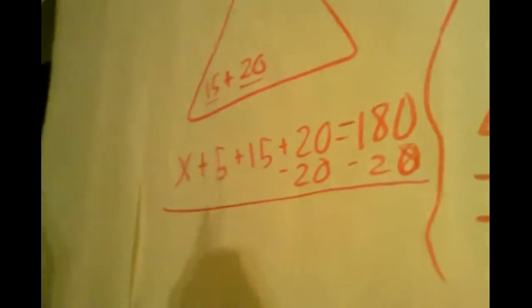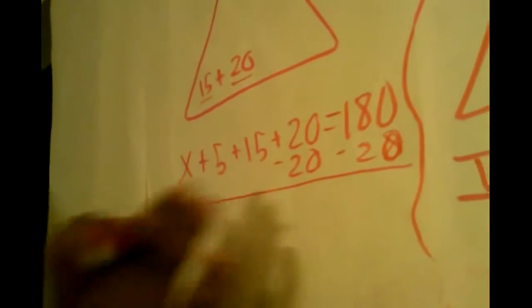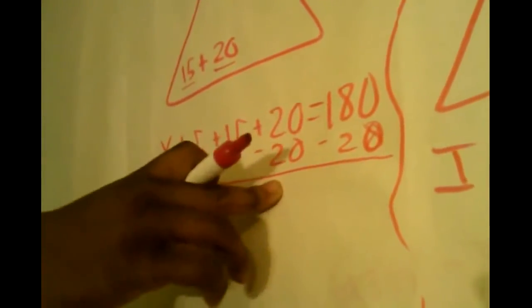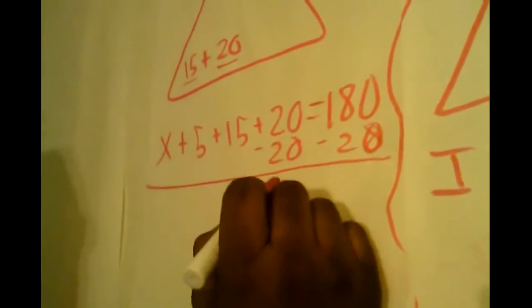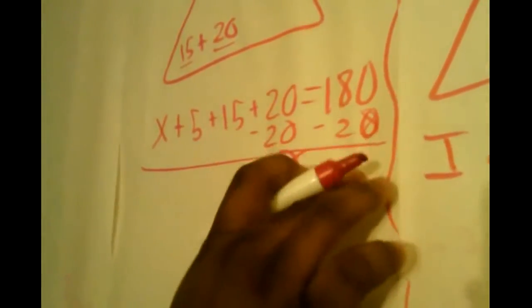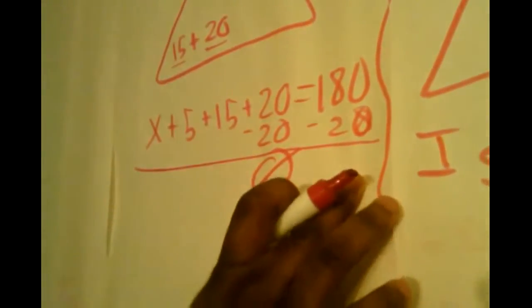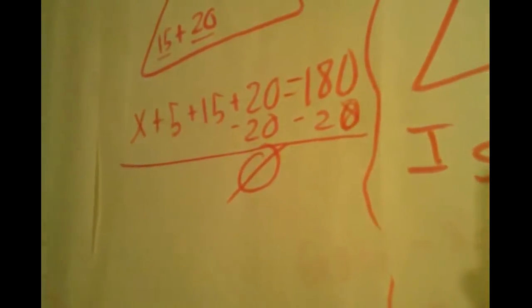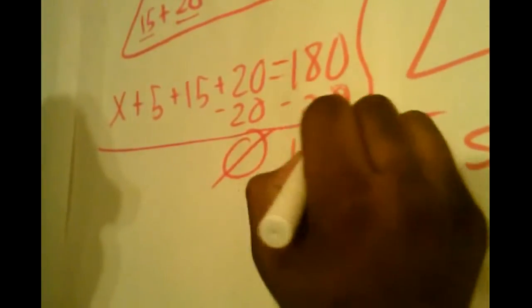Now, what's positive 20 plus negative 20? It's gotta be 0. So what is 180 minus 20? 160. Good job.